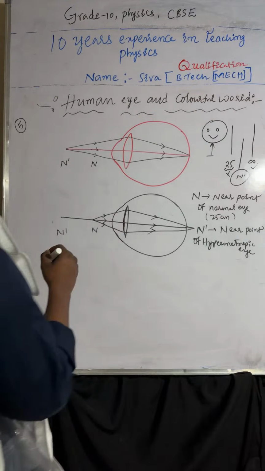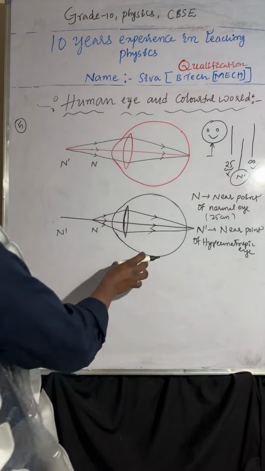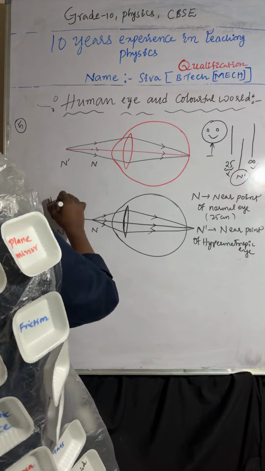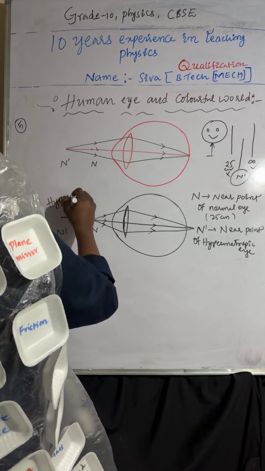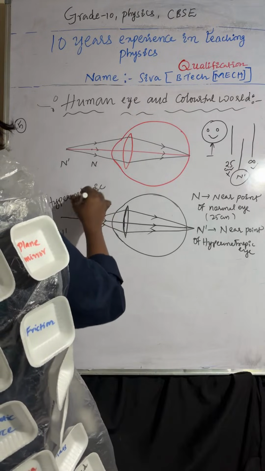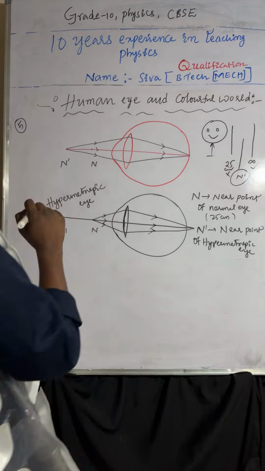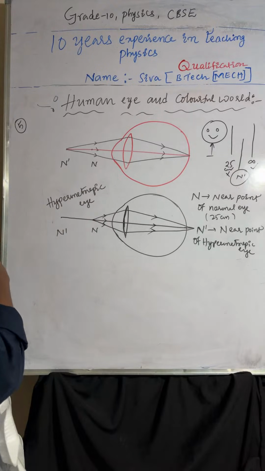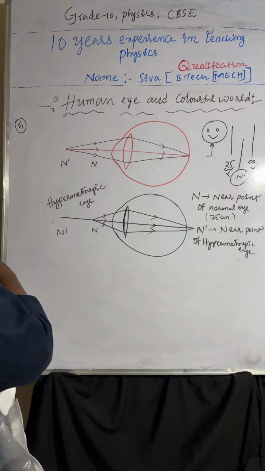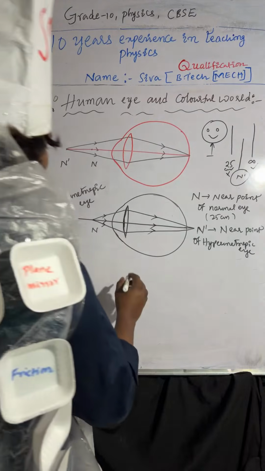Understood? So this is the hypermetropic eye. And coming to the correction of hypermetropia.